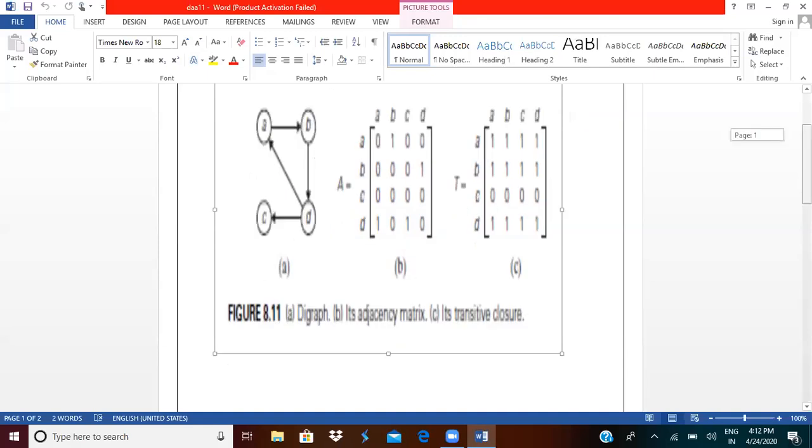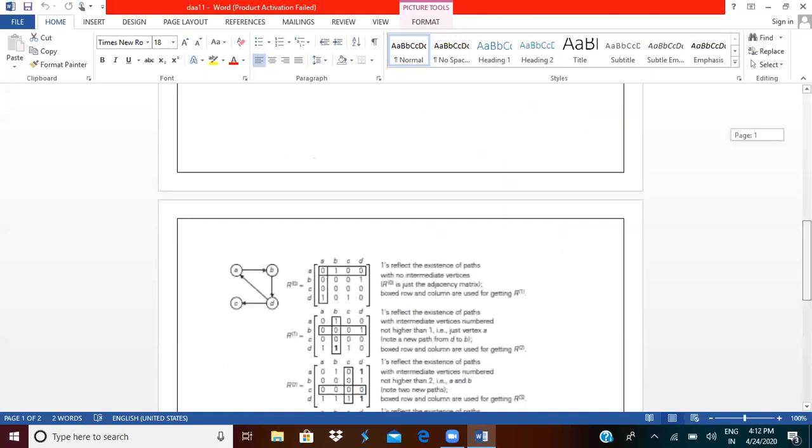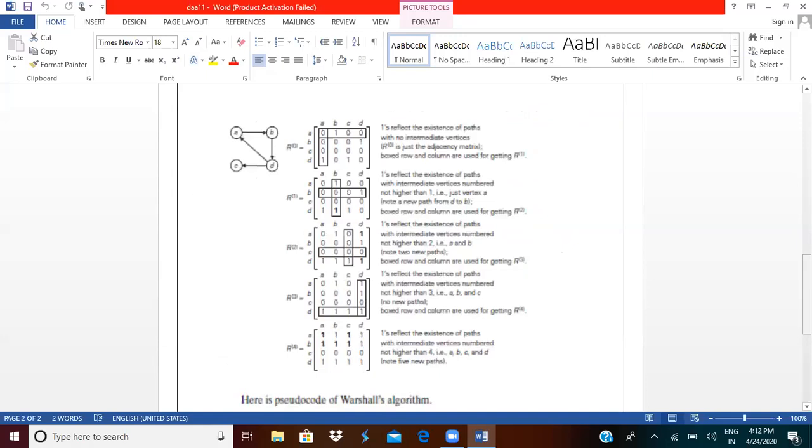Okay. We shall go with how to know the aim of this. Now, after understanding the concept of digraph, adjacency matrix, transitive closure, you should know what is the significance of Warshall's algorithm. Warshall's algorithm is going to find a transitive closure of a particular directed graph.